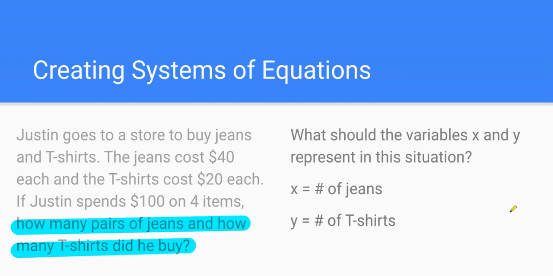We know the cost of the jeans, but organize the information that you have, and having clearly, specifically defined values for your variables is important. Right? So step one is, what do the variables x and y represent in this situation? And usually, if you look at the question, and that's usually the last thing that they ask, that's good. That's going to help you out.